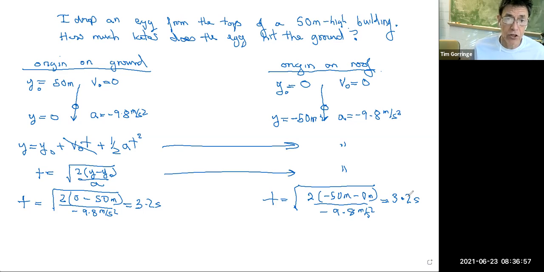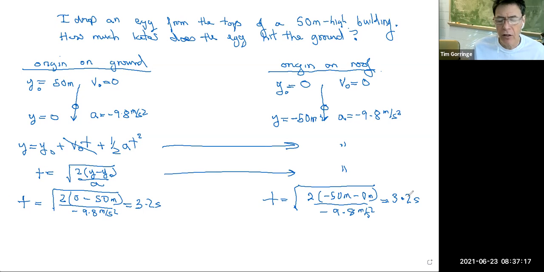In fact, we could have chosen anywhere to be the coordinate origin. I could have chosen the center of the Earth to be the coordinate origin and written down y and y0 based on that choice. It wouldn't be very convenient.